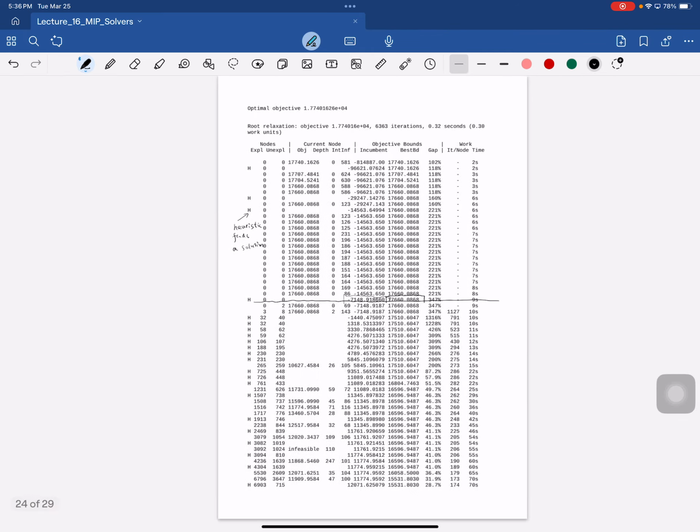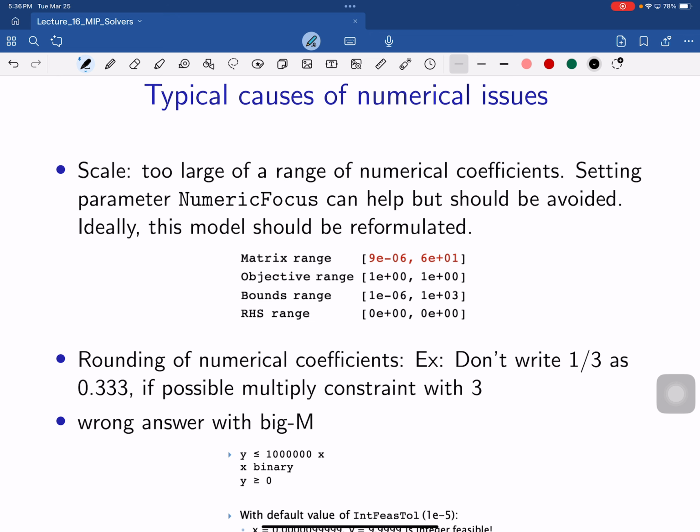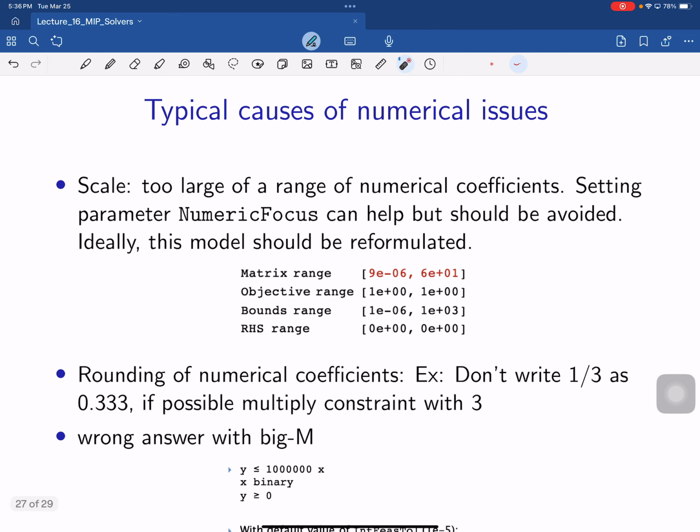Okay, so that's that. Then let me just go over this again, the numerical issues, right? Because many students always forgot about checking this matrix range, and then the problem was not solved, and they didn't know what's going on. So here, again, the first thing is scale.